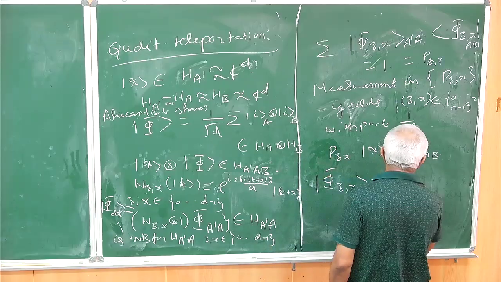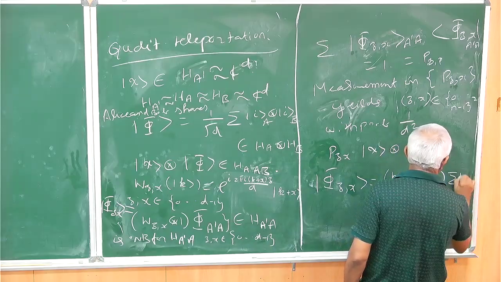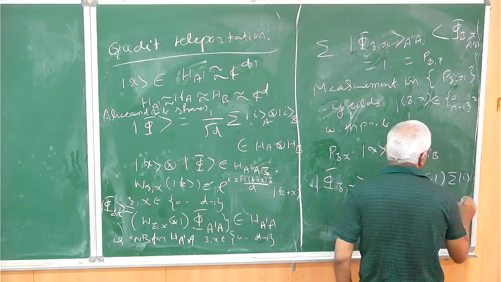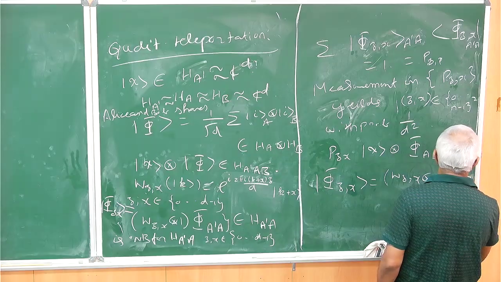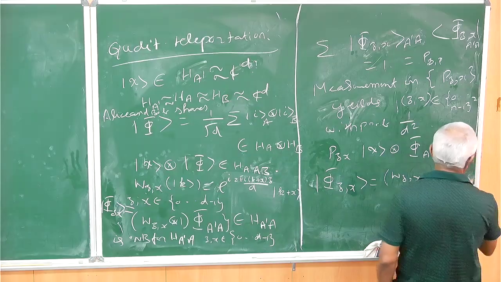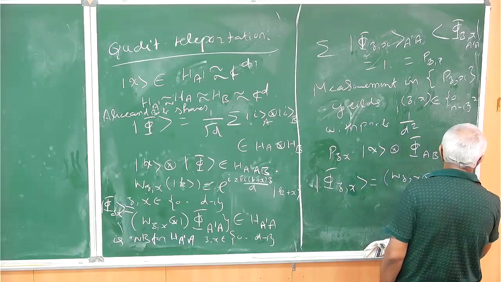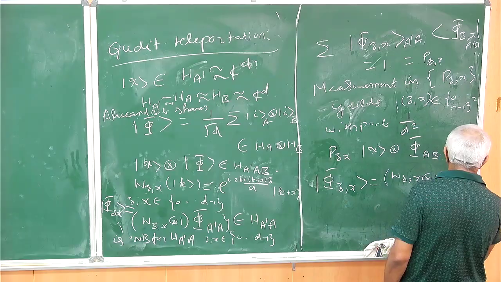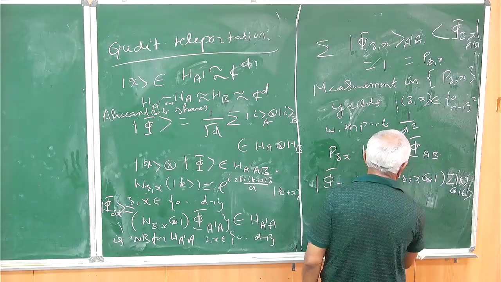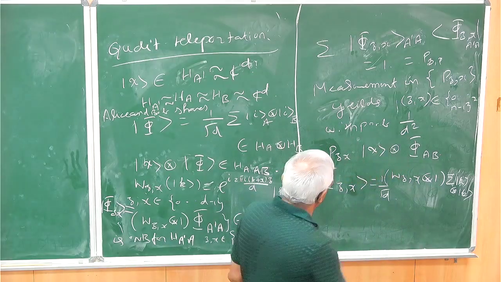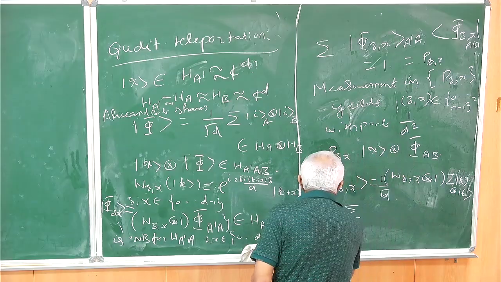This is W_{Zx} tensor 1 acting on the summation over k of |k⟩ tensor |k⟩, divided by 1 by square root d. If you act on that, you will get the summation, so 1 by square root d.